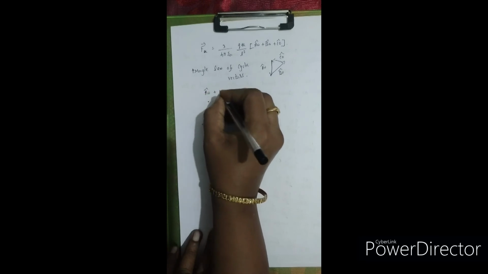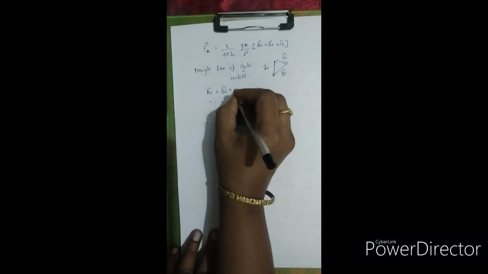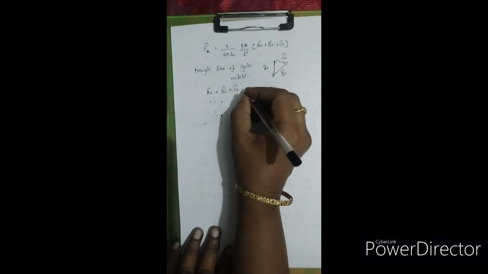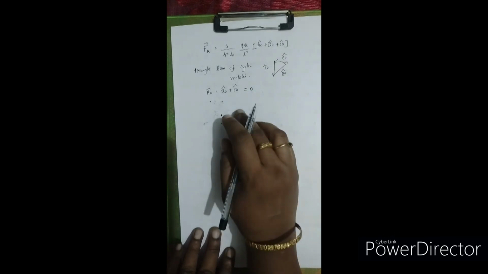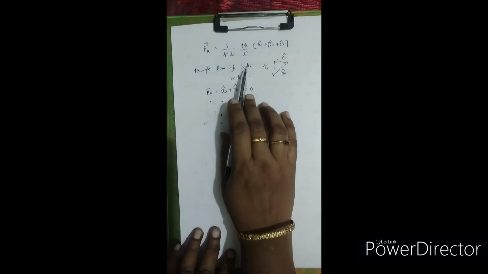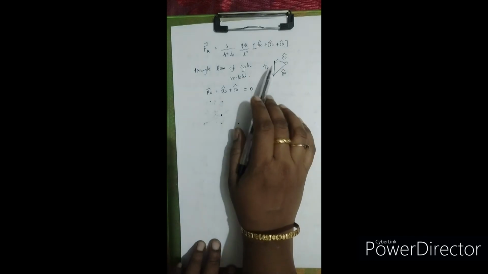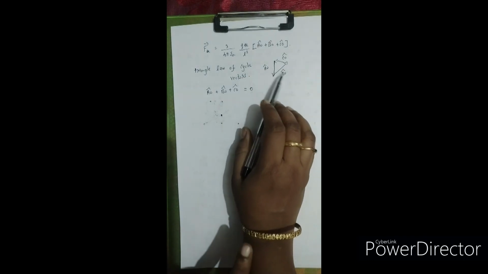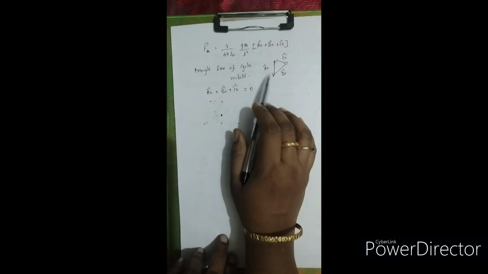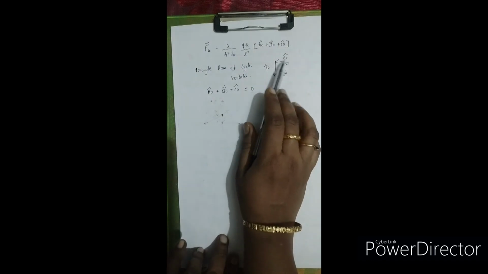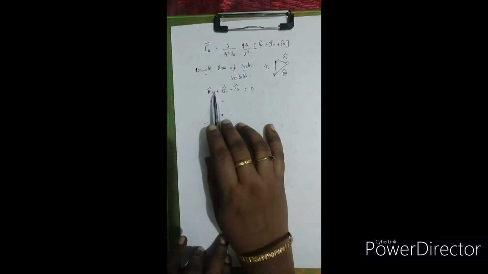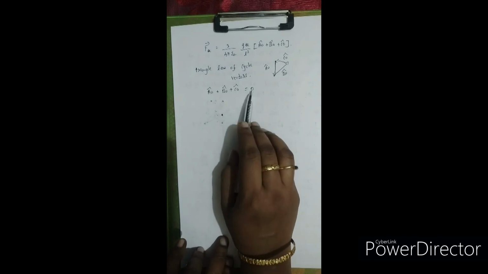AO vector plus BO vector plus CO unit vector will be equal to 0. Okay, right? So this is your triangle law of cyclic vectors. If three unit vectors can be represented by the sides of a triangle like this, taken in a cyclic order, then the vector addition will be equal to 0.